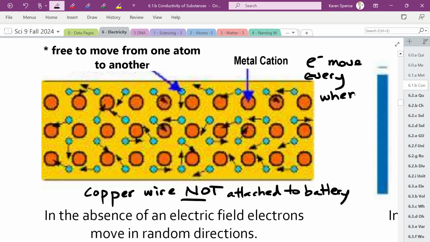Every which way. They can go up, sideways, diagonal, whichever way they want to. They're just randomly moving, and they're moving all the time. If I've got this wire here, are the electrons still or are they moving? They're moving just randomly, any old direction.